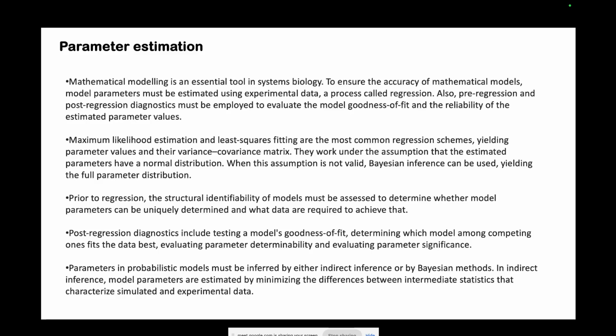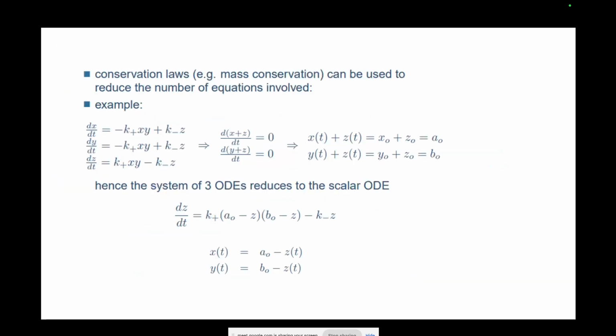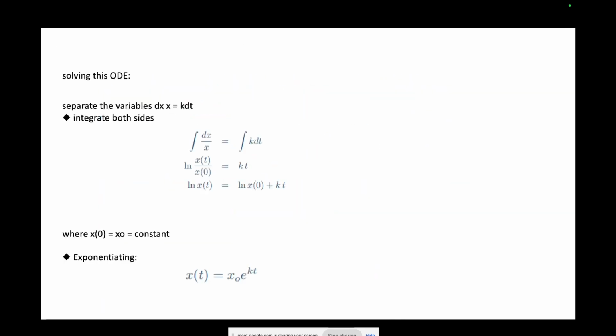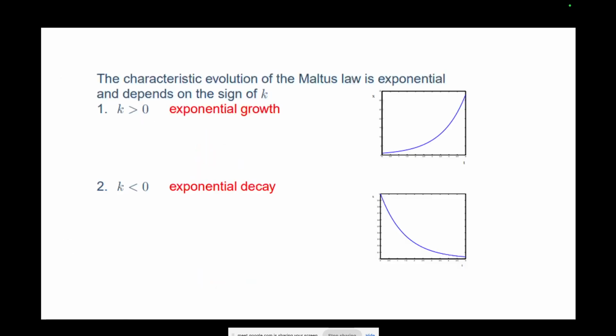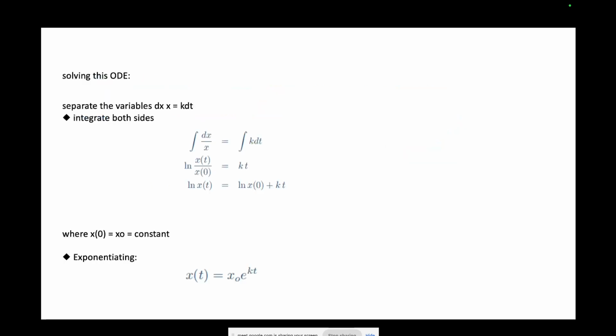So what you do is have a simulated set of data points from your equation. I'll go back to that equation. Yeah, so you have that equation. You can have a simulated set of values for this particular equation for different values of k. So here we assumed k greater than 0 and less than 0. So you can assume different values of k, and you can have a set of solutions of this particular equation.